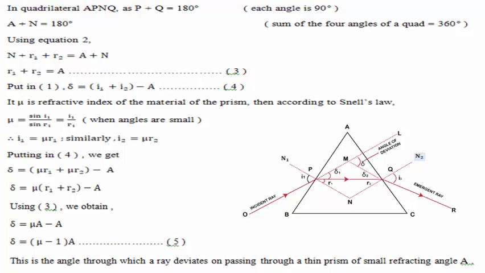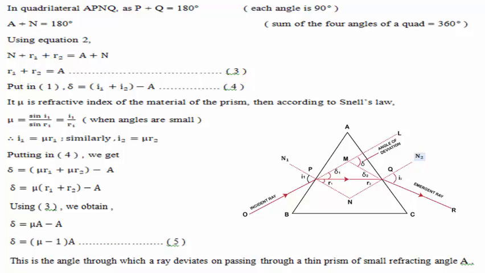Put this value in equation number 1, then you get delta is equal to I1 plus I2 minus A. Call this equation number 4. If nu is the refractive index of the material of the prism, then according to Snell's law, nu is equal to sin I1 divided by sin R1.